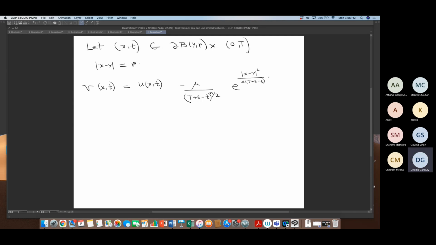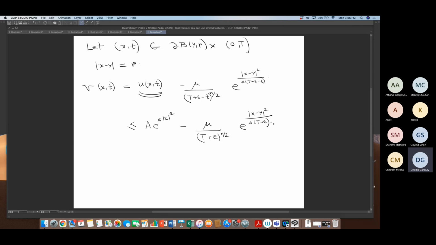Now we know that u(x, t) is always less than A e to the power a |x| squared. Clear? Minus, I put t equal to 0. Is that true or not? Can I make t equal to 0?